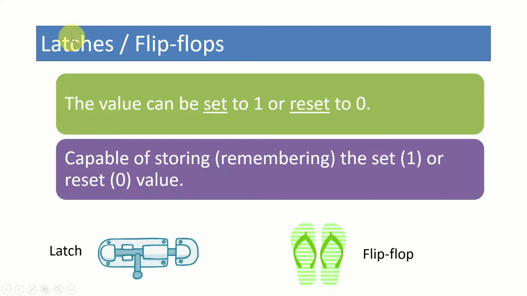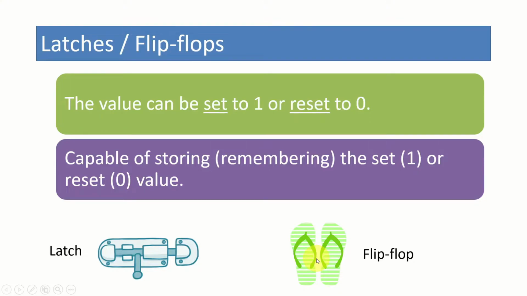That is why they have given it the word latch. And I told you that a flip-flop is a more compound, more sophisticated device. Basically flip-flops are made of a couple of latches. That is why they have used the word flip-flop. We use the word flip-flop for a pair of slippers. So flip-flops are also made of a pair of latches.